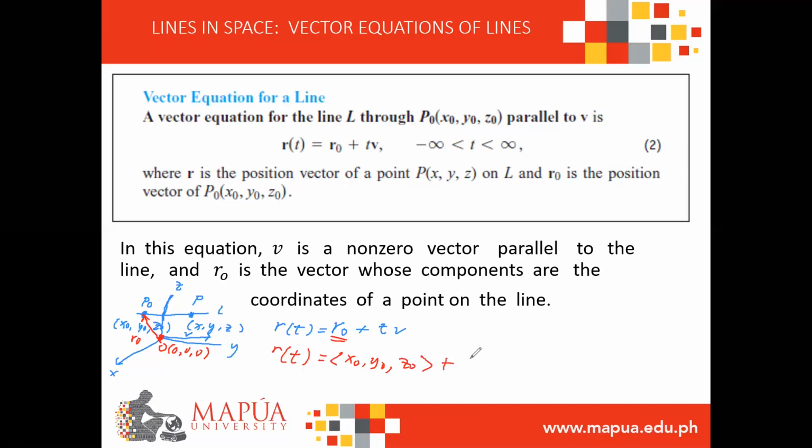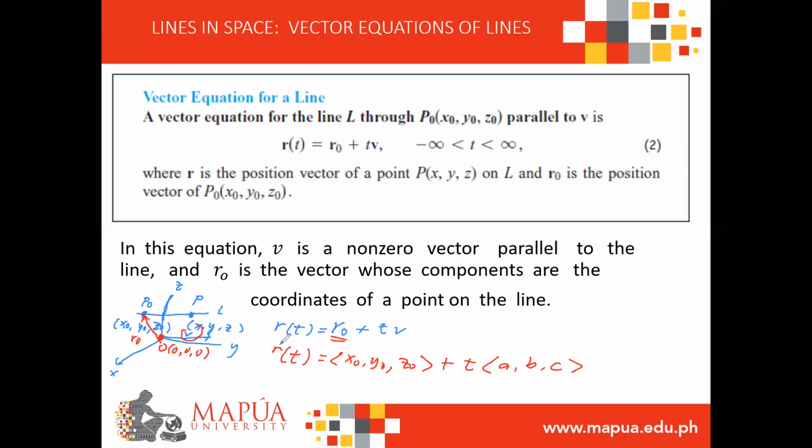Then plus t, and then we have your vector v. It is a non-zero vector parallel to your line L, whose components we have as a, b, c, in bracket form. So this is our vector v, whose components are a, b, c.